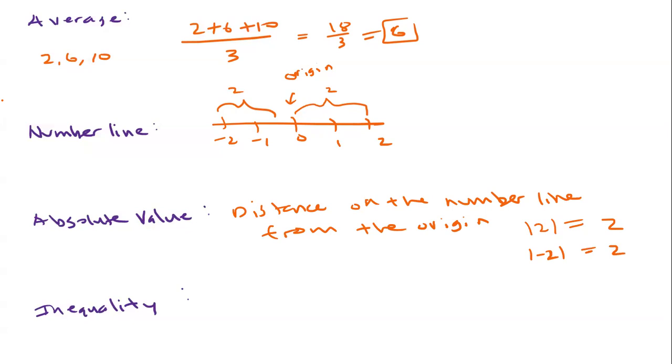Whatever you put into that absolute value, it becomes positive because it's talking about the distance from 0. You'll always have 2 on this number line, 2 from the right side of 0 and 2 from the left side of 0. Okay, so that's what they're talking about.